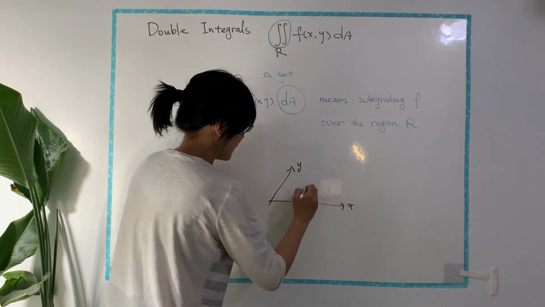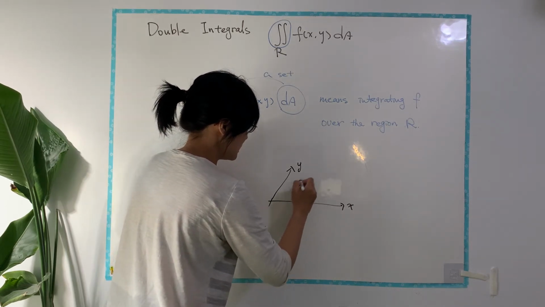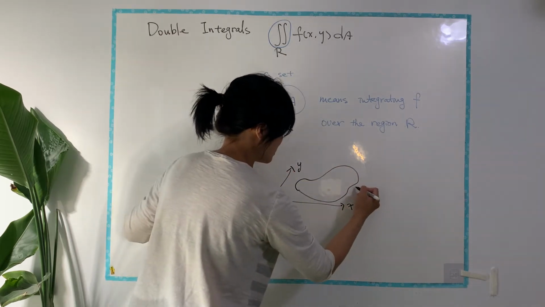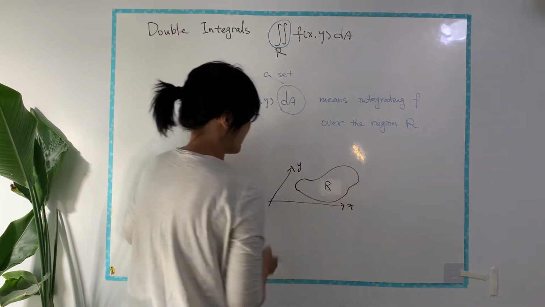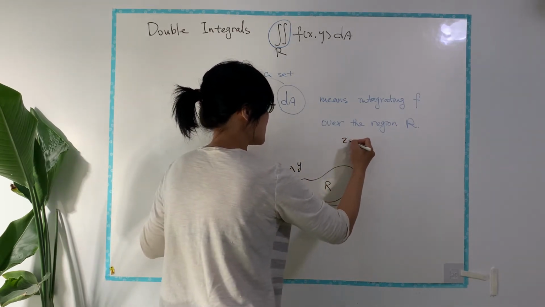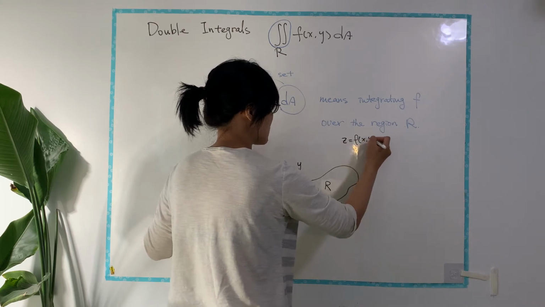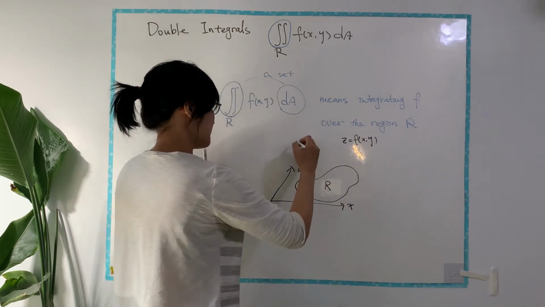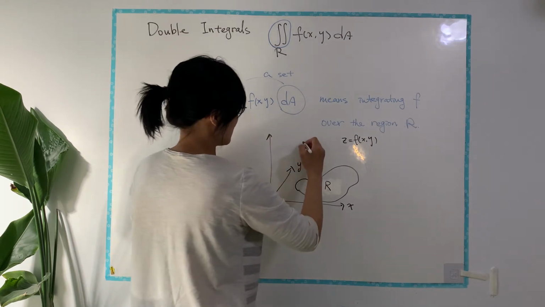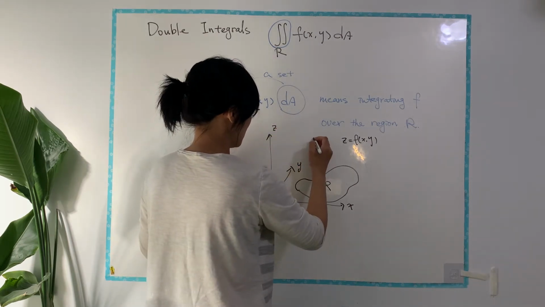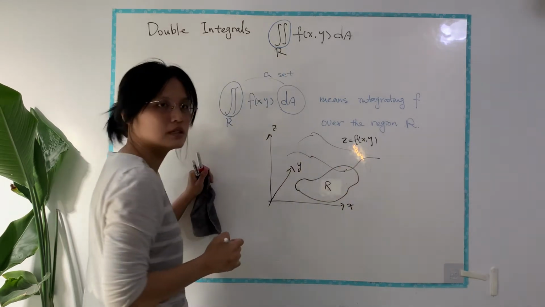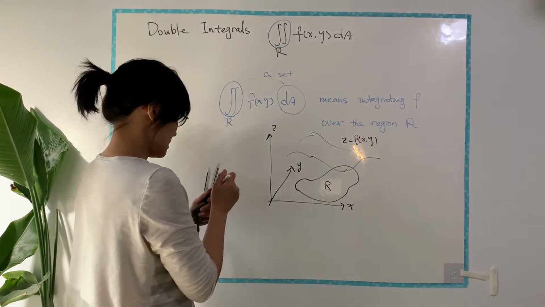And then here I have a region R, which could be a rectangle. And I have a function z equal to f of x, y. If I sketch the graph of this function, what I'm seeing would be a surface in general.